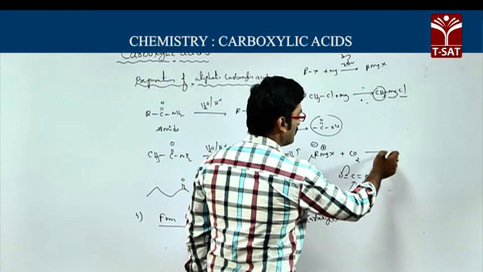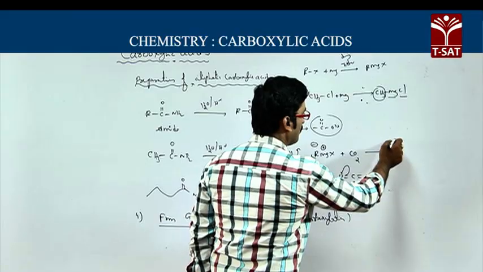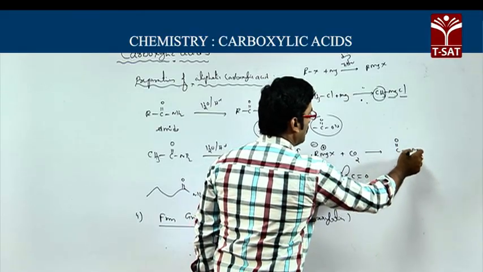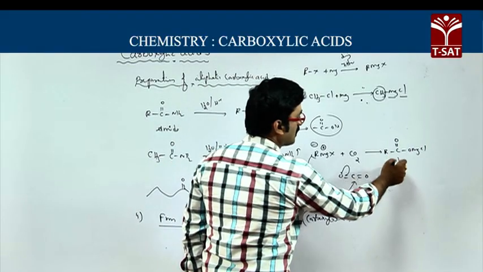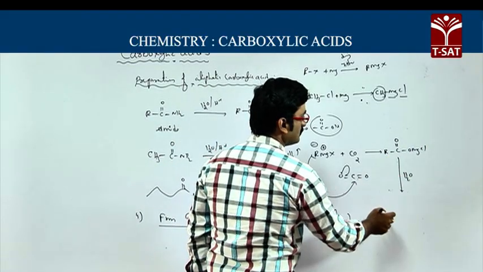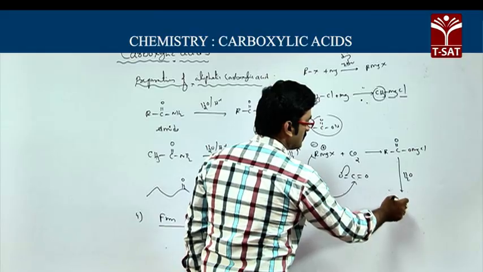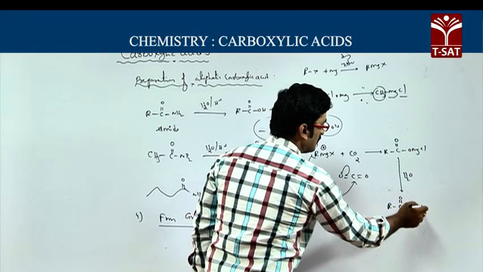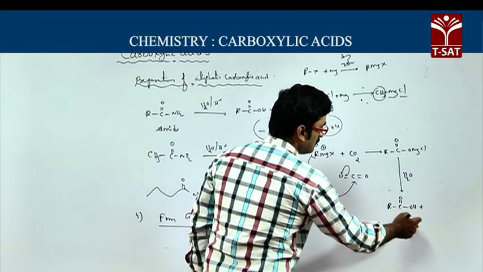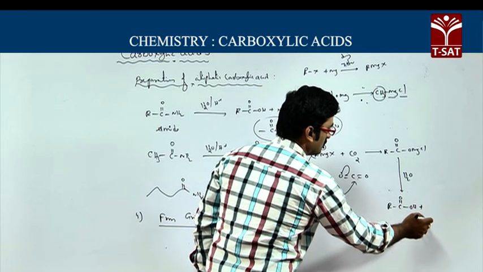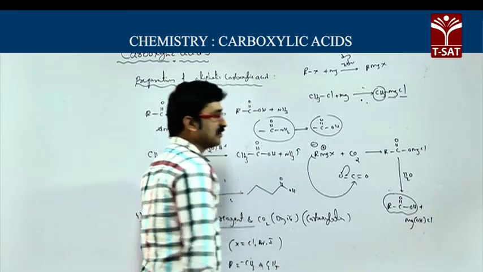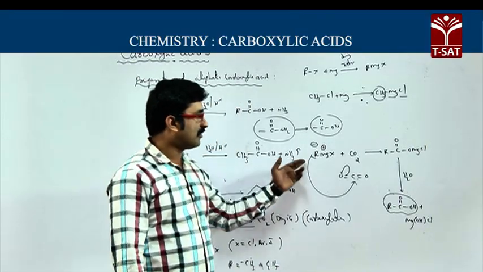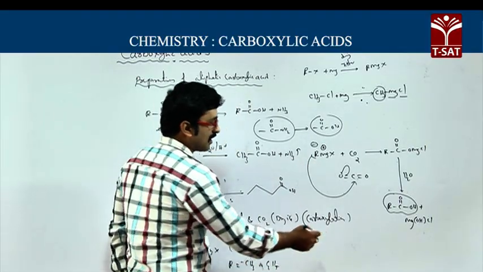Here you will get R C double bond O OMgCl, and on further hydrolysis, you will get RCOOH plus MgOH.